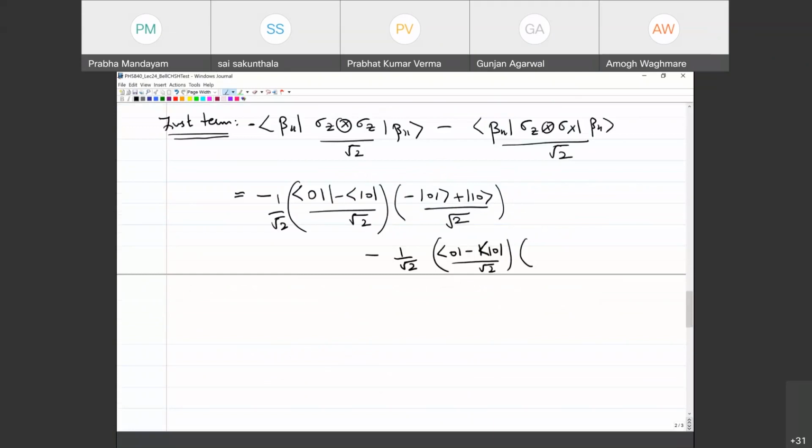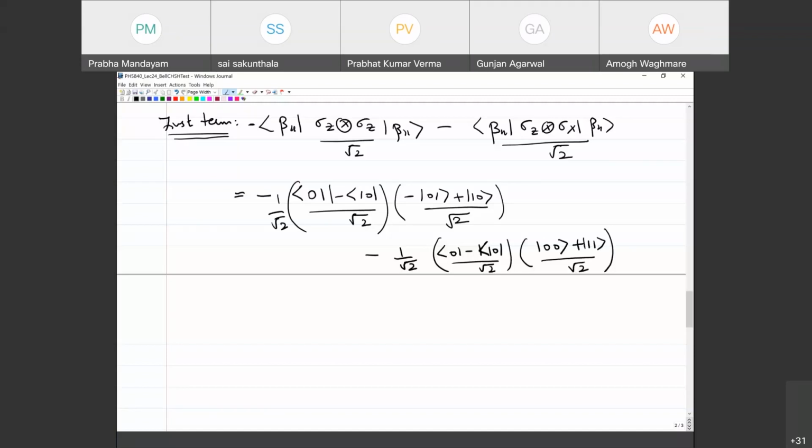And X is going to flip, right? 0,1 will give me 0,0. And ZX on minus 1,0 will give me plus 1,1.